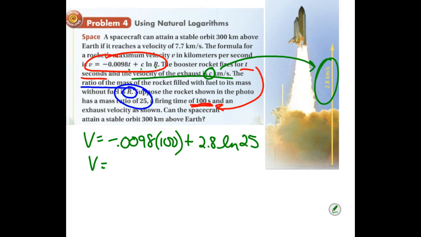So your calculation should have given you a velocity of about 8.03. Yes? All right, and that was in kilometers per second? It told us that we can reach a stable orbit if we can get to at least 7.7 kilometers per second. We got to 8. So, can that spacecraft reach a stable orbit? Yes.